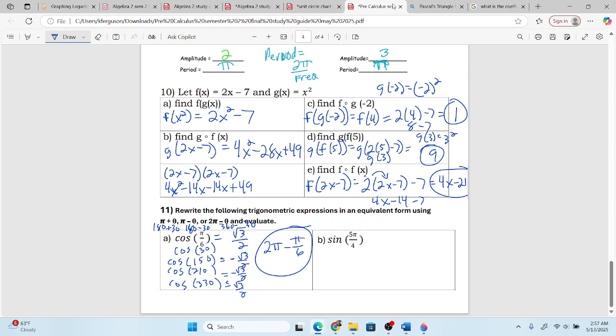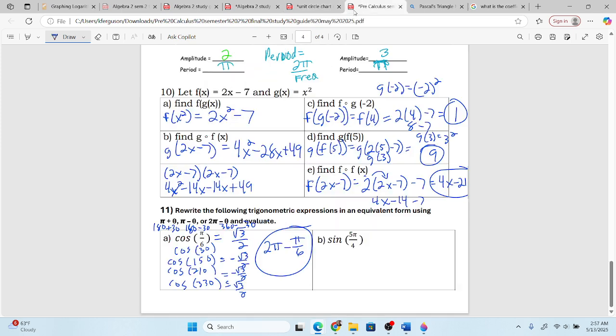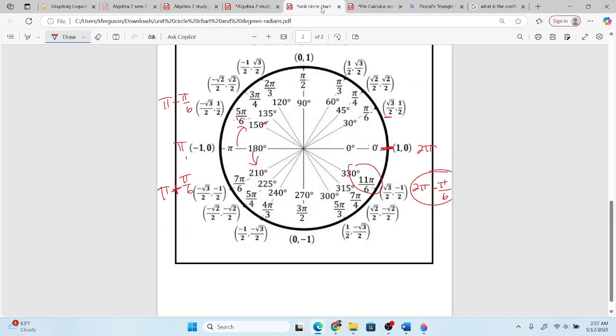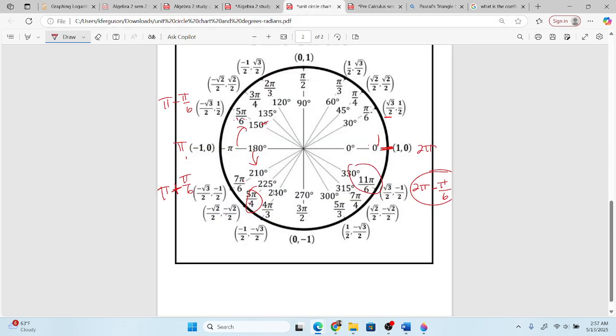So now let's go back and look at sine. Sine of 5 pi over 4. 5 pi over 4 is right here. So I want sine of this. That's a negative square root of 2 over 2. So where does sine equal negative like that? Let's see, sine. Nope, it's not negative.